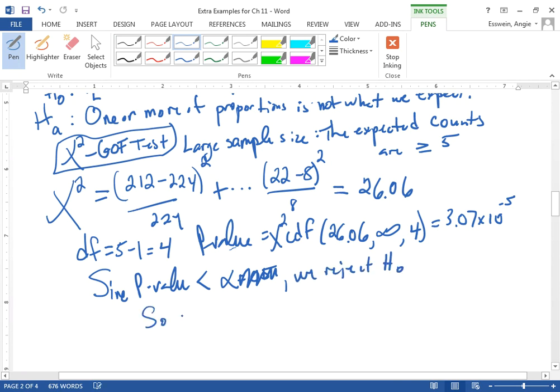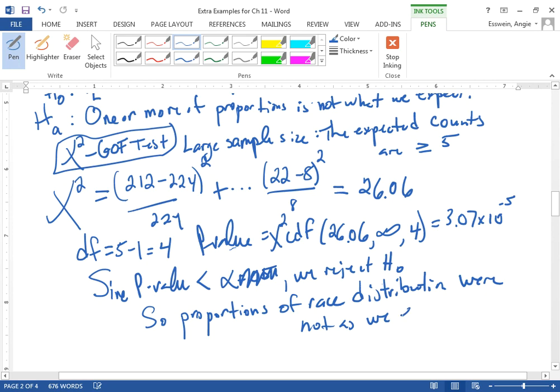So the proportions of race distribution were not as we expected. So we could look at the components and see if we think some kind of discrimination is happening.